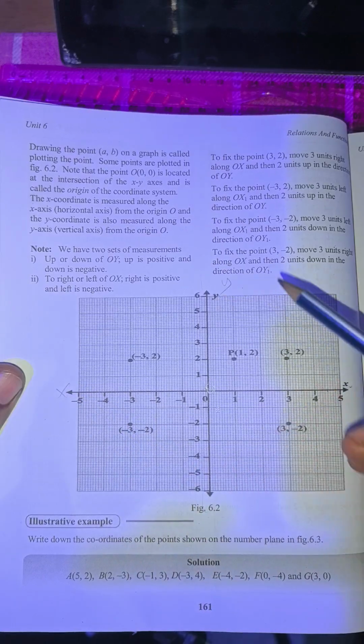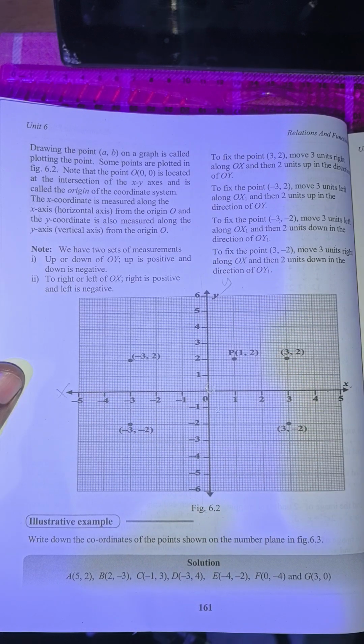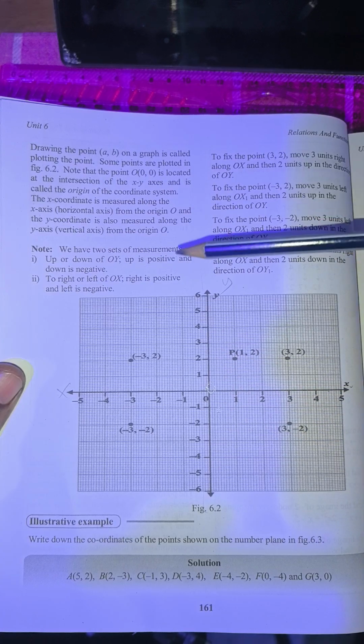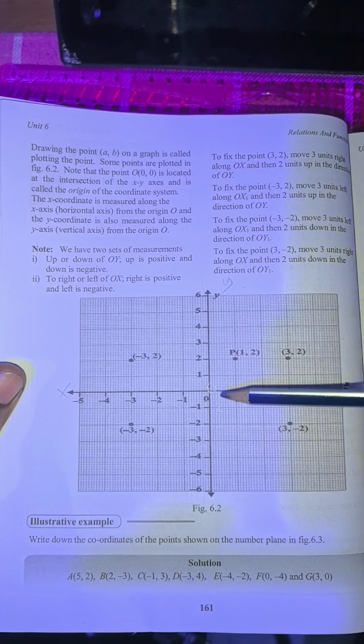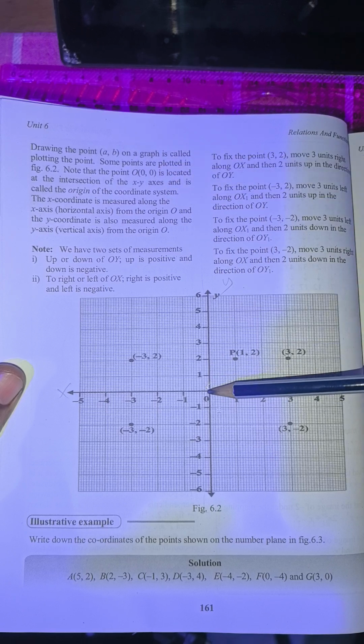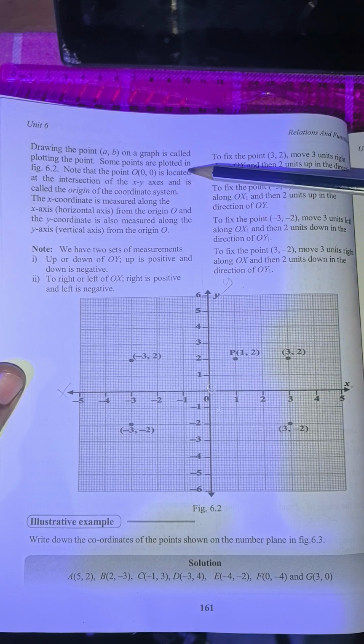And then the vertical is what? Y. So where they meet, we call it origin. That is hence O, origin, right? And that origin is represented by 0, 0. That is it. And it's located here at the region called the origin of the coordinate system.